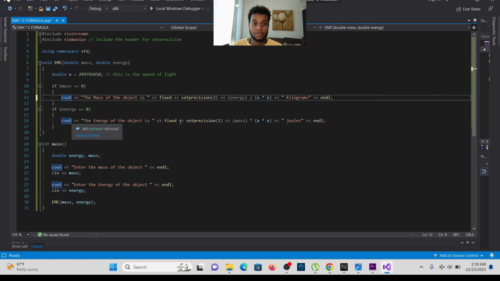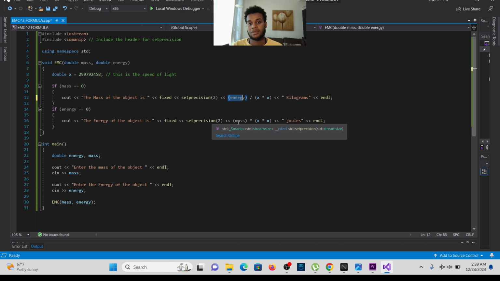The energy of the object is fixed to set precision to two decimal places, and it's going to be mass times the speed of light squared. I'm going to get the answer in joules. Here it's going to be in kilograms. We're going to be using kilograms and joules.